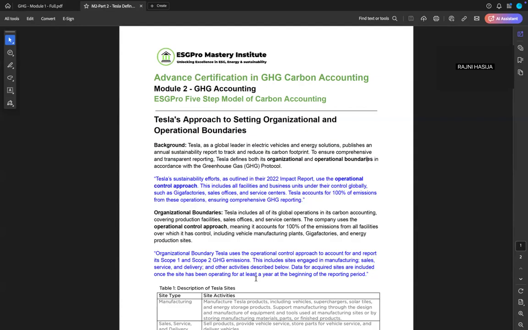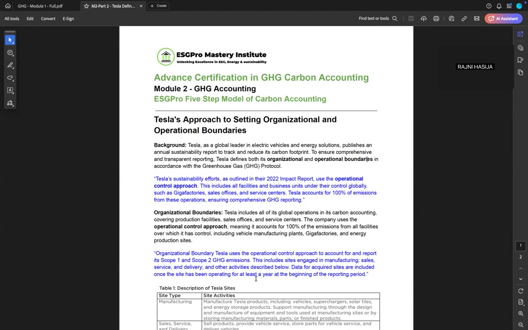They defined their boundaries, both the organizational boundary and the operational boundary. In the organizational boundary, they followed the operational control method. They declared their carbon points very accurately in all spheres.